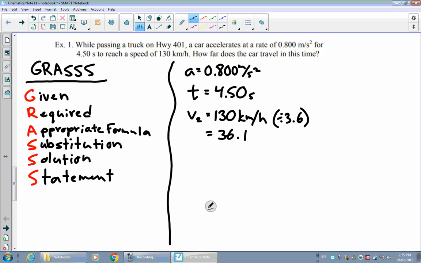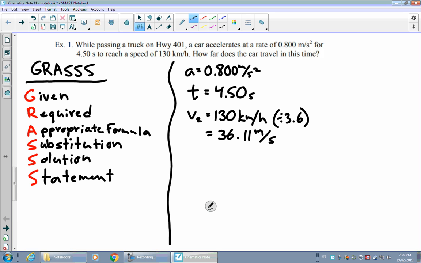So just to keep an extra decimal place, I'm going to call it 36.11 meters per second. That 3.6 is a way of dealing with two different things at once. You are converting the kilometers to meters and also converting hours to seconds all in one quick calculation, which I can go over in more detail in class.